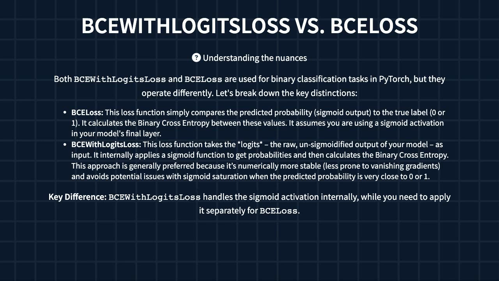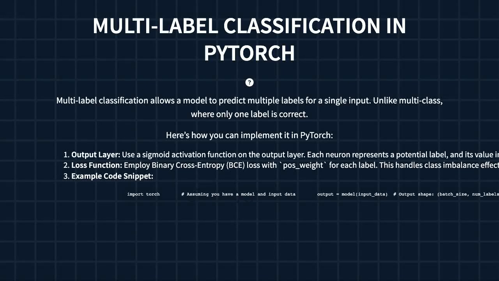Let's talk about multi-label classification, a really common scenario in real-world applications. Unlike standard multi-class, where your model has to pick just one correct answer, multi-label means an item can belong to several categories simultaneously. For example, a movie could be tagged as action, sci-fi, and thriller all at the same time.